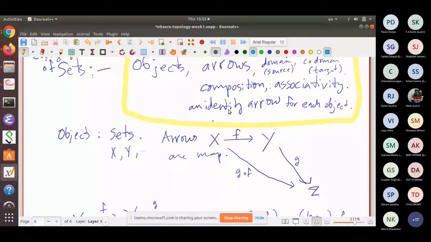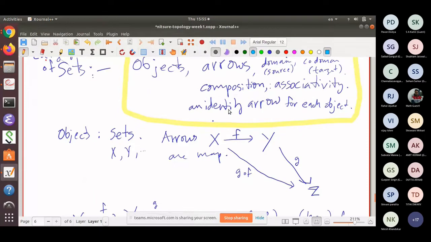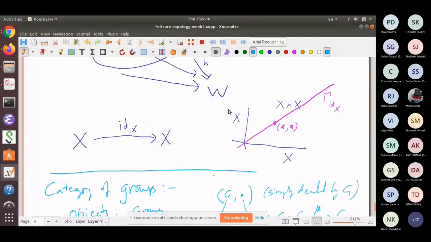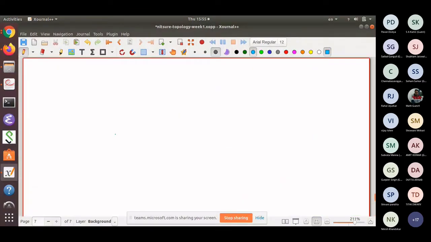And it's both left and right identity under composition. What is so great about this identity? Namely, if I take G to G, identity G, and if I take G to H, some other phi, then phi composite identity G is equal to phi.